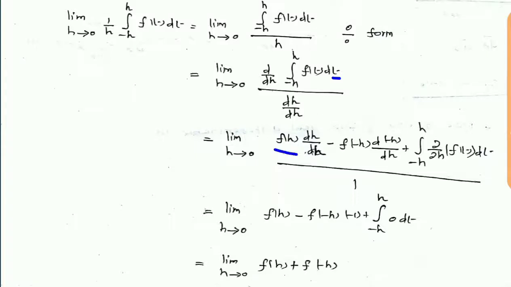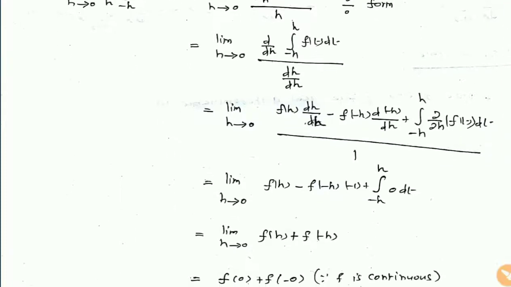That means I'll get f(h), and then differentiate the upper limit with respect to h, that is dh/dh. Minus, I substitute the lower limit -h for t, so I'll get f(-h), and then differentiate the lower limit, d(-h)/dh, plus the integral from -h to h of the partial derivative of the given function with respect to h, dt.